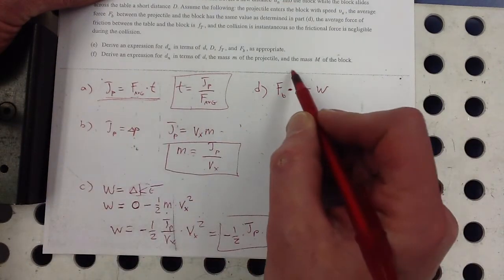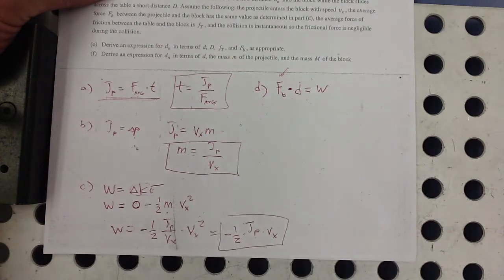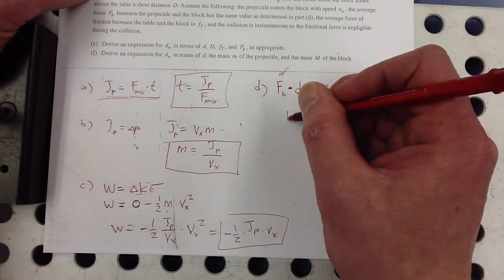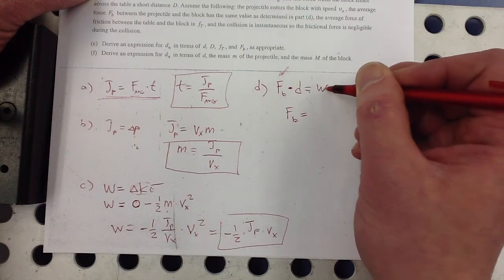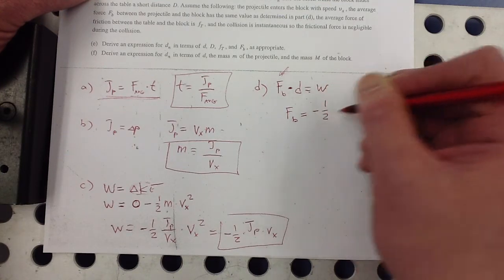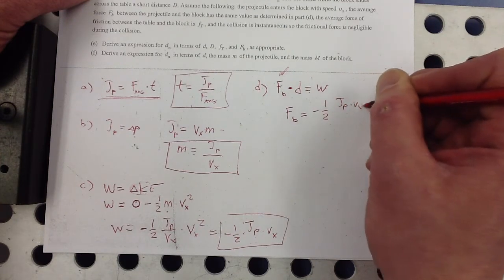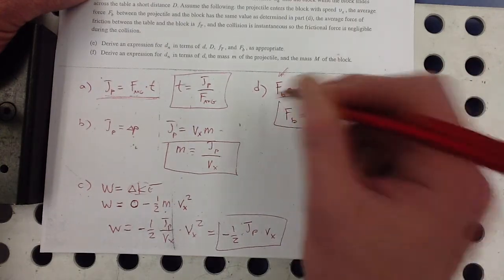If this is an average force or the force is constant, you can use force times distance. So this force is equal to work, which we just found, negative 1/2 Jp times Vx over d. That's all there is to that.